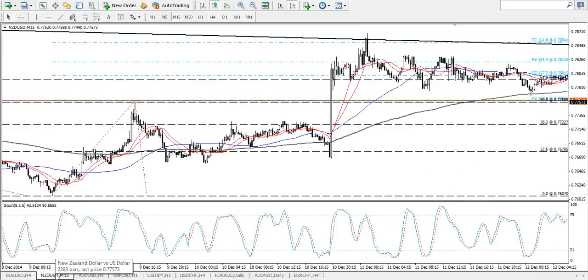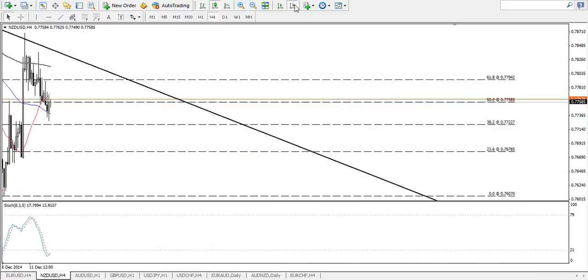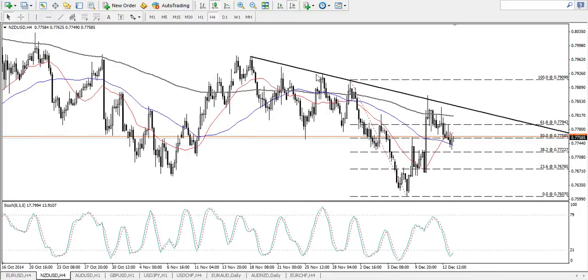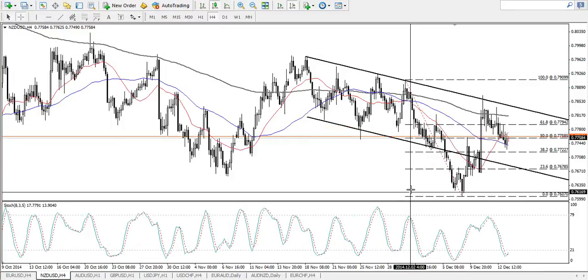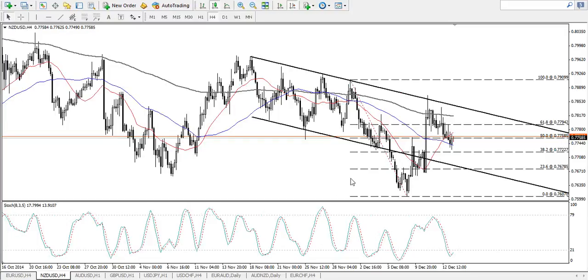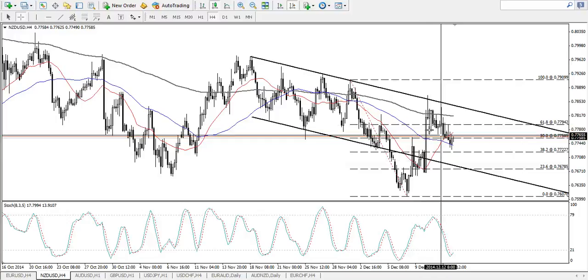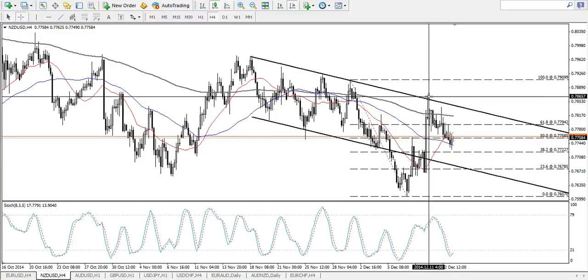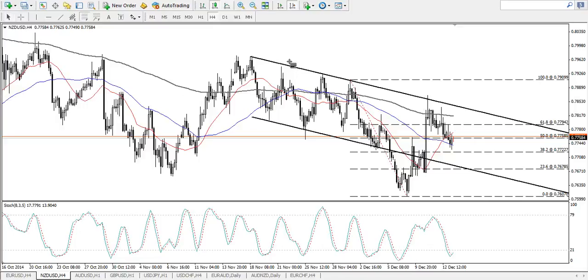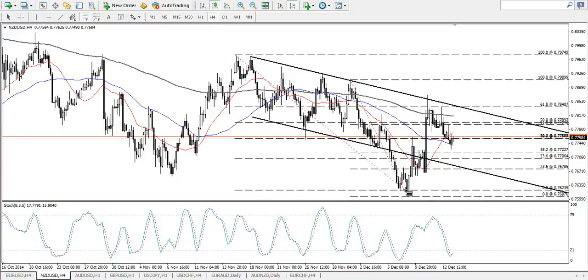Next, we have the New Zealand dollar against the US dollar. On this 4-day chart, as we know, there is a falling trend channel. Price went all the way down to the lowest at 0.7607, came up and got back into the falling trend channel, reaching the high at 0.7865, and we plot a Fibonacci retracement from the top to this bottom.